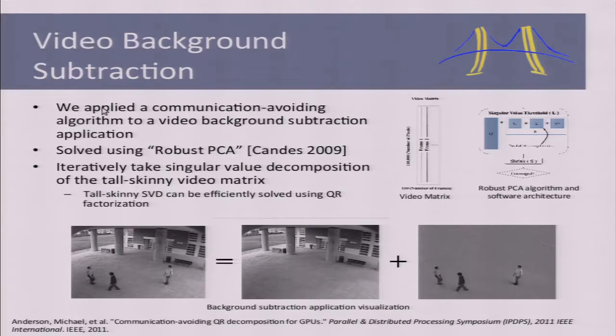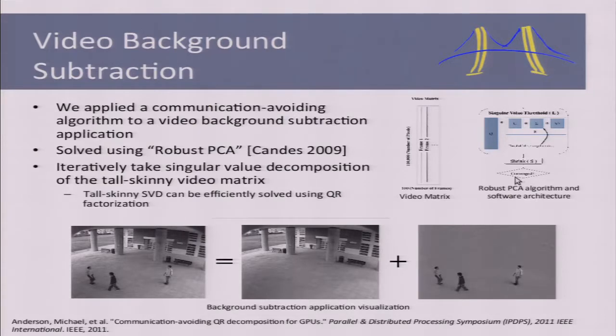And how that works is basically we take this video and we turn it into a matrix where each column of the matrix is composed of one frame of the video. So we just stretch out all the pixels in the video, and that becomes a column vector. So the height of the matrix is the number of pixels in the video, and the width of the matrix is the number of frames.